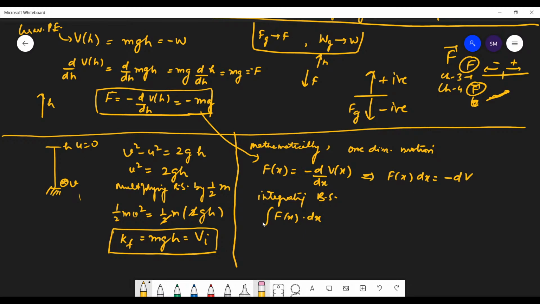So tell me the limits, what I am going to take, the limits of x position, so xi to xf, and that is equals to, now this is minus dV. So which limits? So I am going to take the limits of potential energy, so initial potential energy to final potential energy.